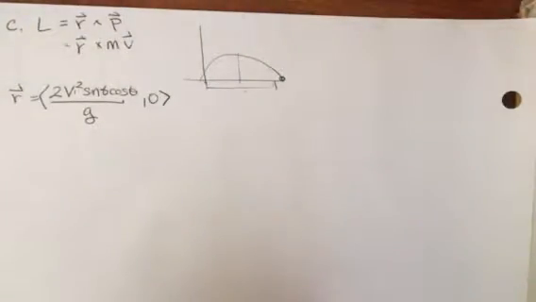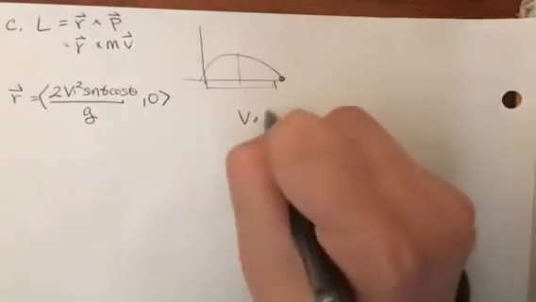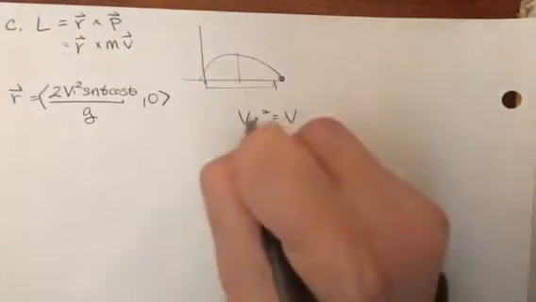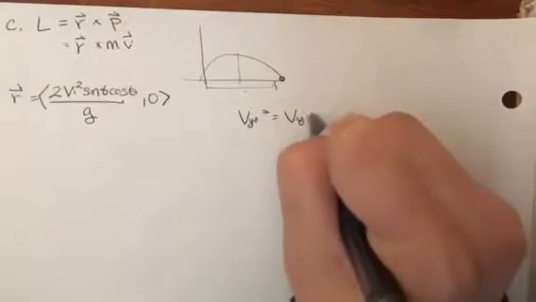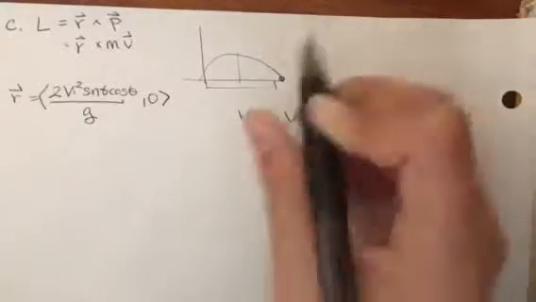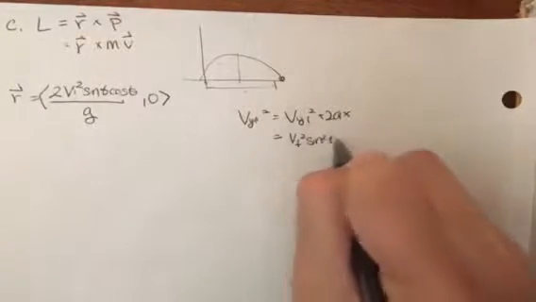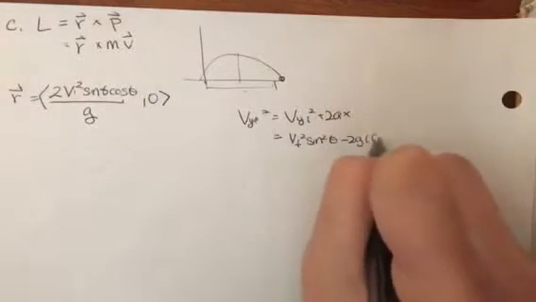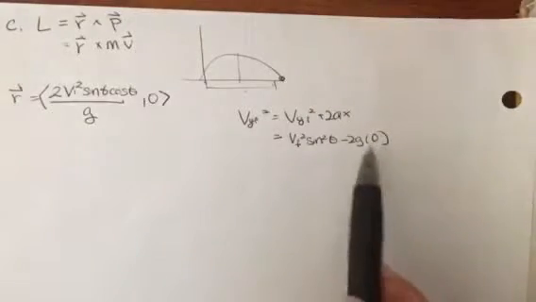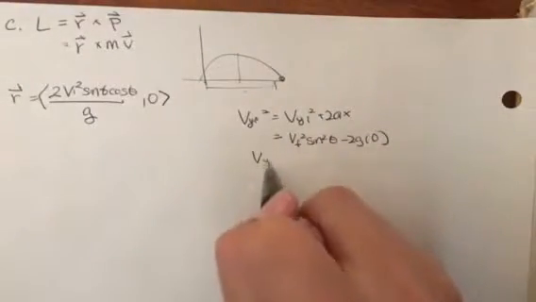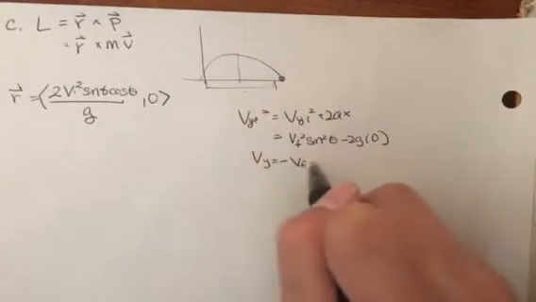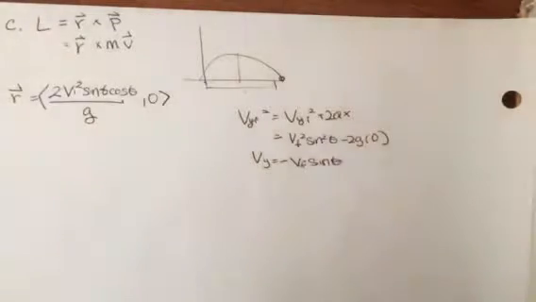Now your velocity is going to be slightly different. Velocity final, and this is the y only, squared equals vi squared sine squared theta minus 2g times 0, because the change in the y direction is 0, gives you that vy is equal to negative vi sine theta.